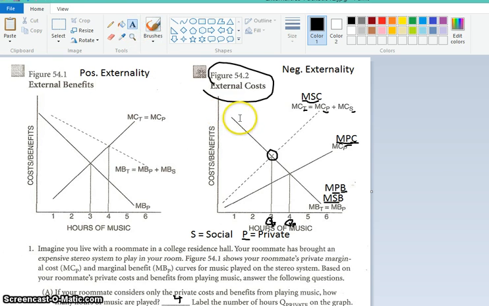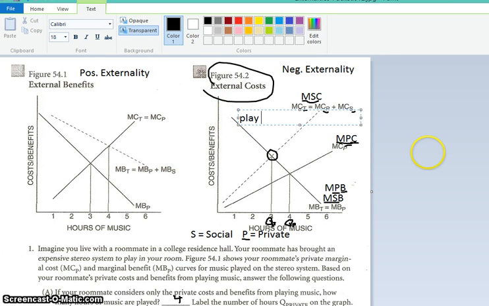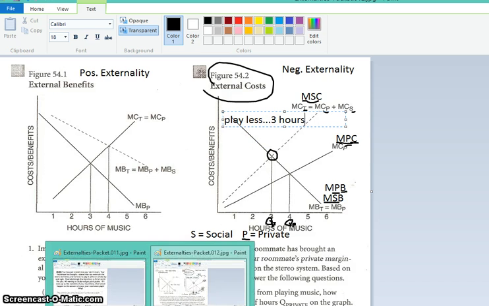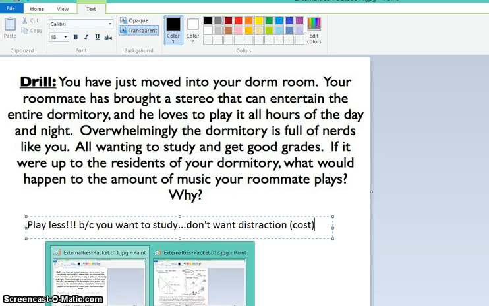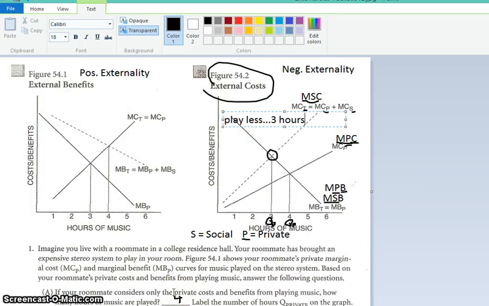How much music should they play? Play less. 3 hours, right? And that shouldn't be a surprise to us. Remember, what if we asked you in the original scenario, what would happen to the amount of music your roommate plays? We should play less. Well, here, now, we have a graph to prove that.